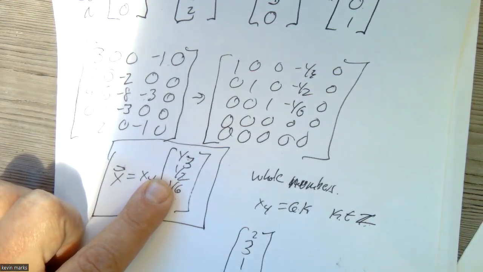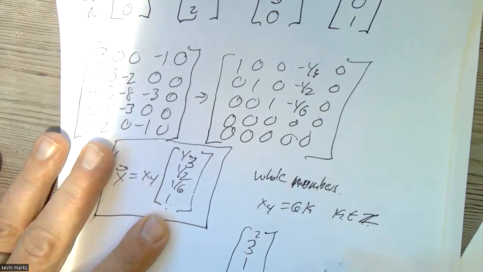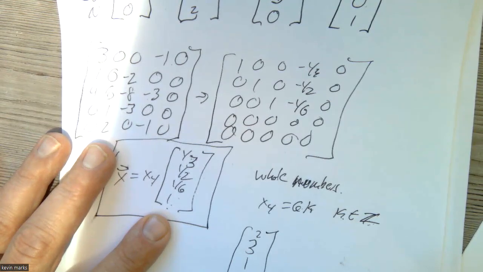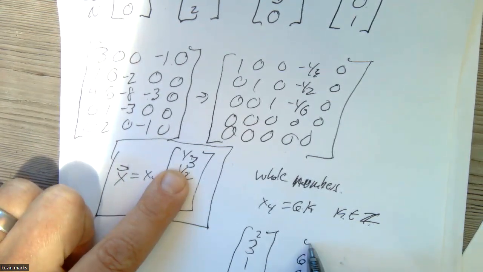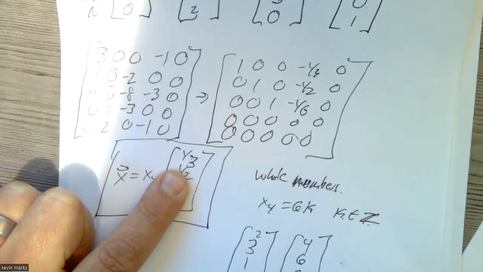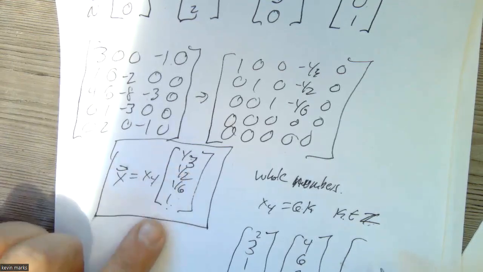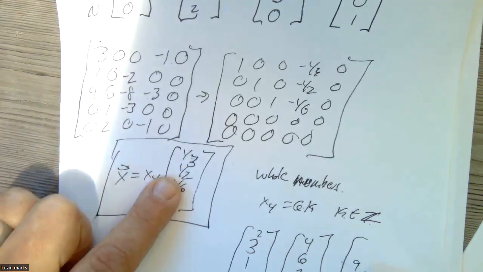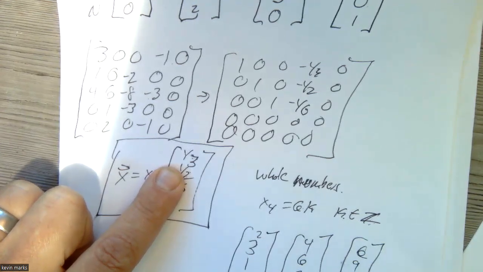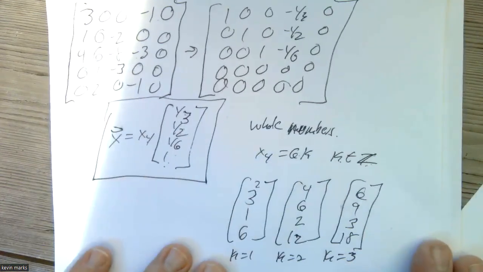If K were 2, then this would have been 12, right? Then this would have been 2, then this would have been 6, then this would have been 4, right? If K were 3, then this would have been 18, this would have been 3, this would have been 9, then this would have been 6, right? Sorry, you can't see what I'm doing there.